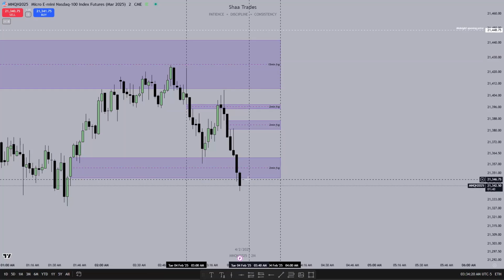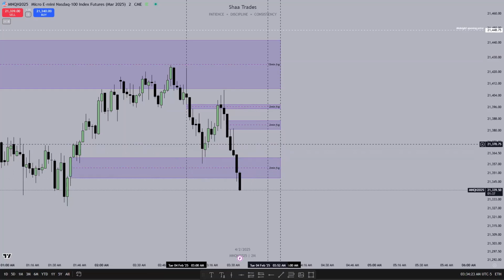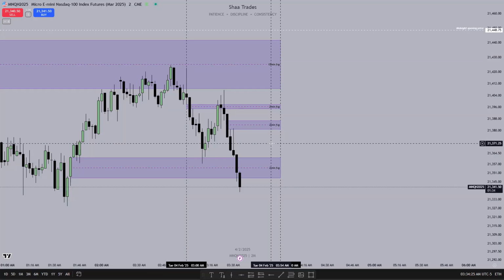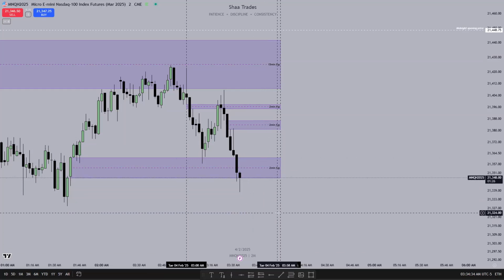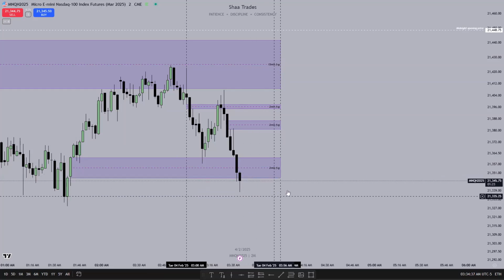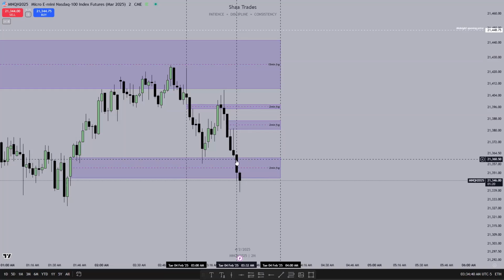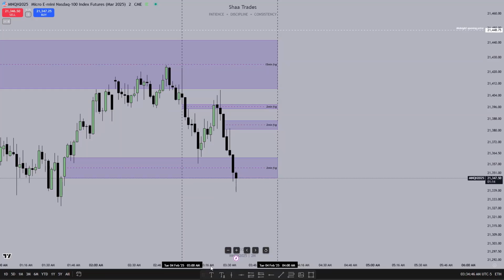So now what I want to see, stop loss would be here if I'm getting this trade. Stop loss will be up here. But let's see. Once we get a closure, price may want to go back and visit this fair value gap here. Just about 1 minute or so for the candle close.